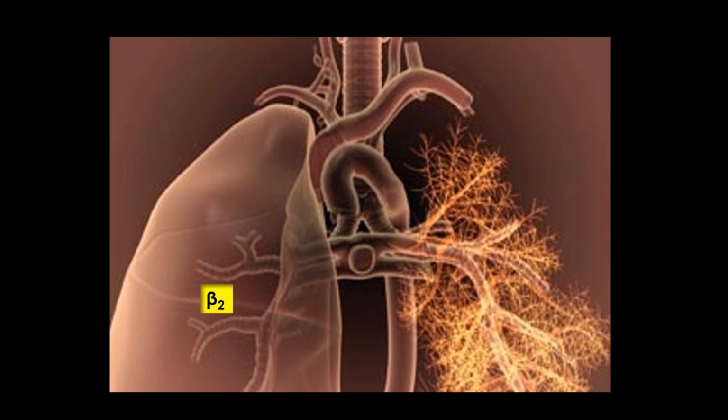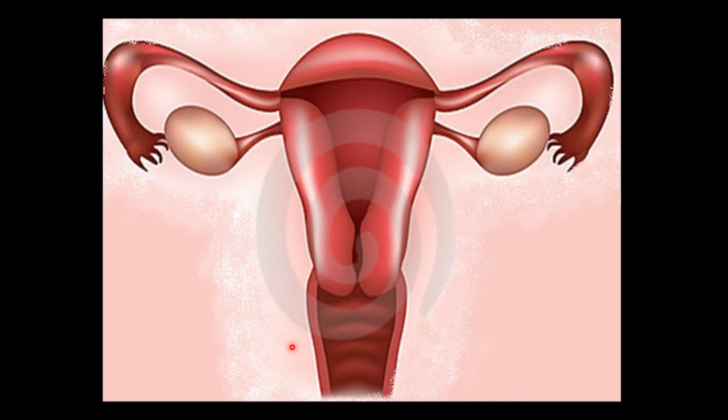Another site where smooth muscle is present is the uterine smooth muscle, that is the uterus. Beta 2 receptors, when activated, cause relaxation of the uterine smooth muscles. A very valid clinical use of these beta 2 agonist drugs is premature labor. Premature uterine contraction produces premature labor, and we can stop this premature contraction with beta 2 agonist drugs, and we can prevent the premature labor.